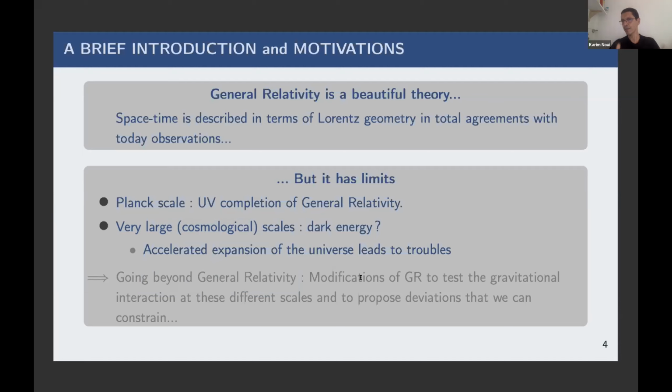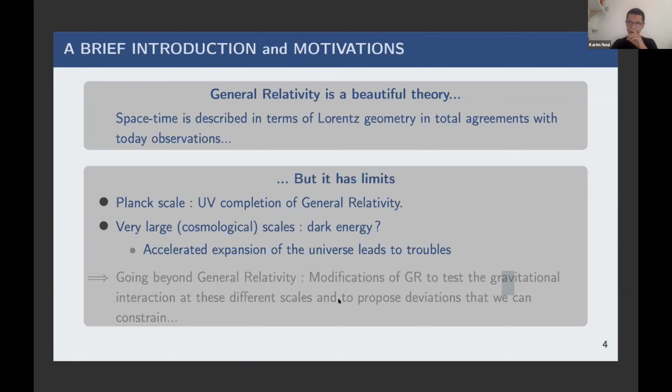There is this huge activity concerning the construction of modified theories of general relativity to test the gravitational interaction at different scales. We had a lot of activity trying to find UV completions of general relativity, but also a different activity trying to show whether it is possible to deform and modify general relativity to propose an alternative to the cosmological constant to explain, for instance, the acceleration of the expansion of the universe.